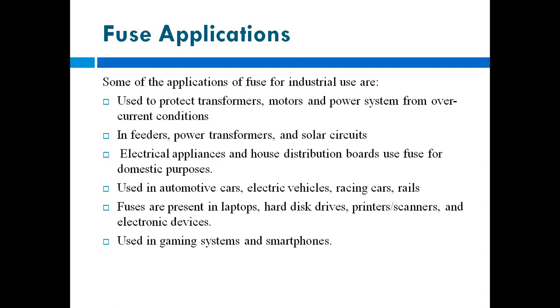Then these are used in automatic cars, electric vehicles, racing cars, and rails. Fuses are also present in laptops, hard disk drives, printers, scanners, and electronic devices for protection, and they are also used in gaming systems and smartphones.